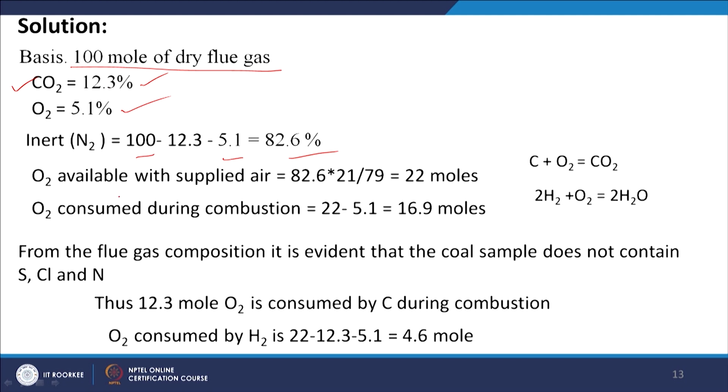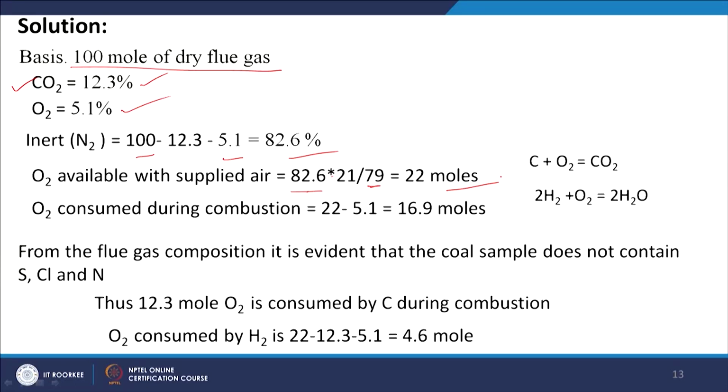So, oxygen available with the supplied air, that is equal to how much, 82.6. We are assuming that 21% is oxygen, the rest is nitrogen. So, this into 21 divided by 79, so 22 moles. So, 22 moles of oxygen is supplied and that oxygen will react with carbon and produce CO2 and will also react with hydrogen and form H2O as per these expressions.